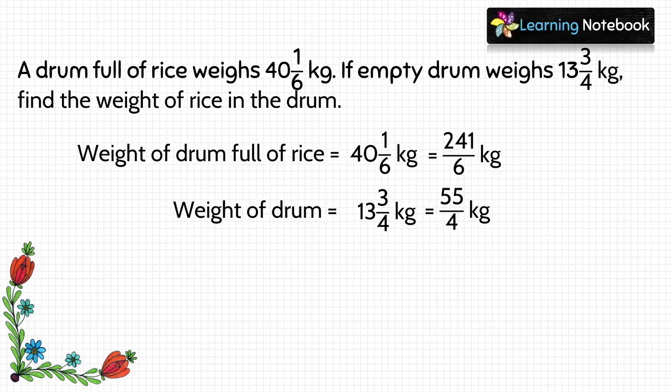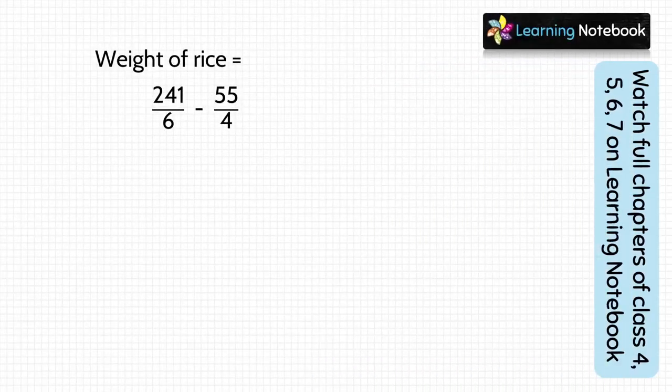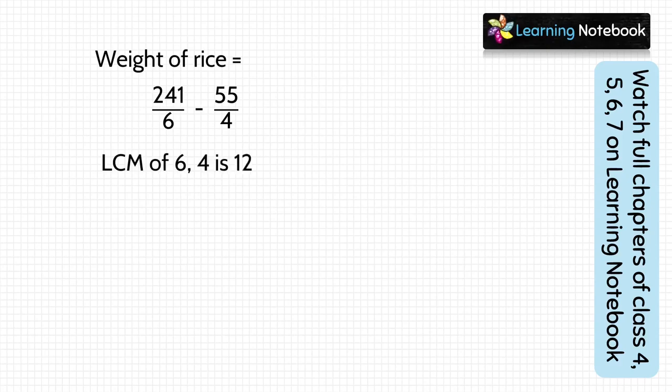Now to find the weight of rice in the drum, we will subtract these two fractions. So to subtract these two unlike fractions, first we will convert them into like fractions. So let's find the LCM of their denominators. LCM of 6 and 4 is 12. Now let's make these equivalent fractions with denominator 12.